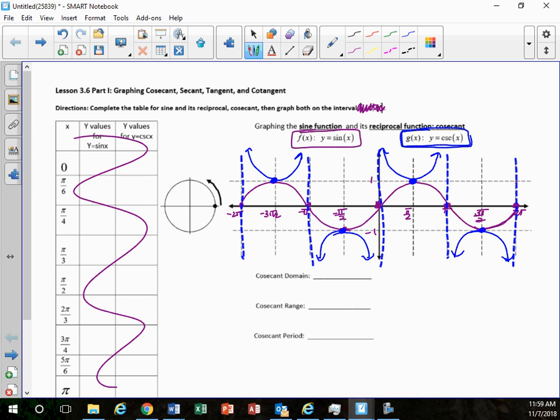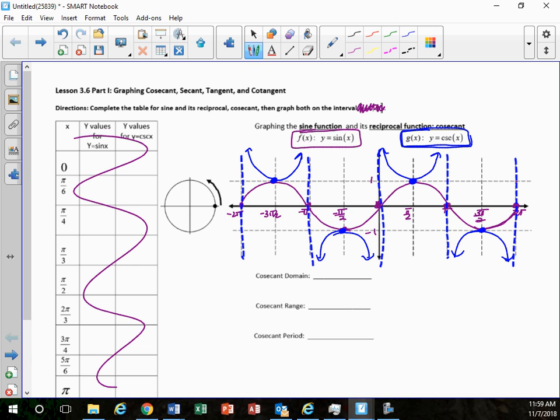We're flipping those y values. Sine's always between -1 and 1, you know, without any sort of amplitude change. Cosecant is bigger than 1 or less than -1. Okay, how do we feel about that graph?